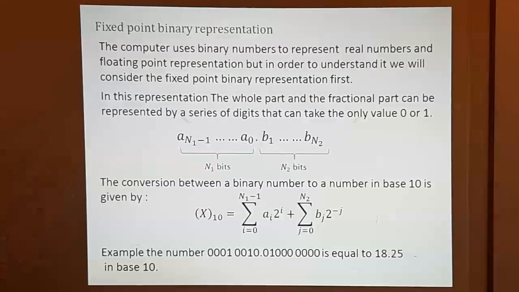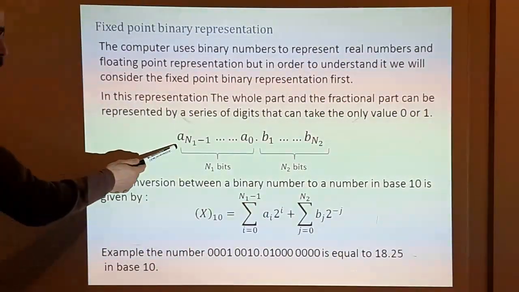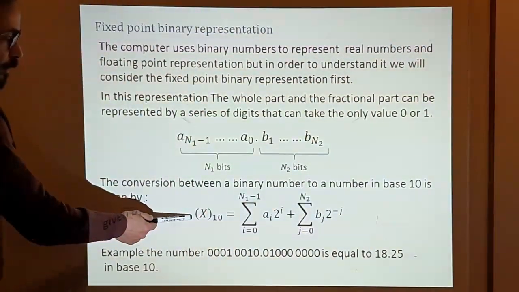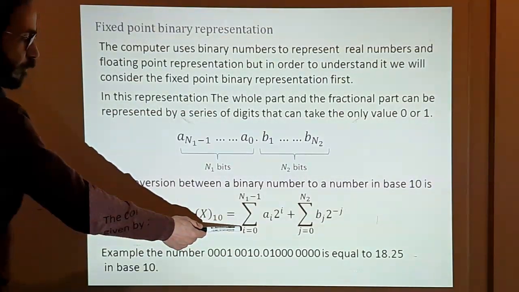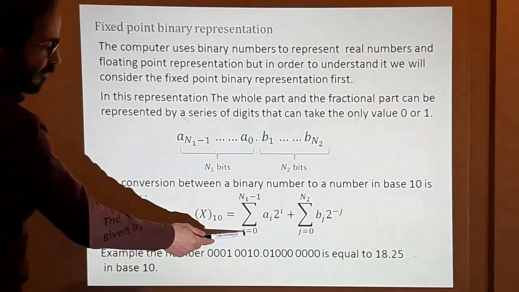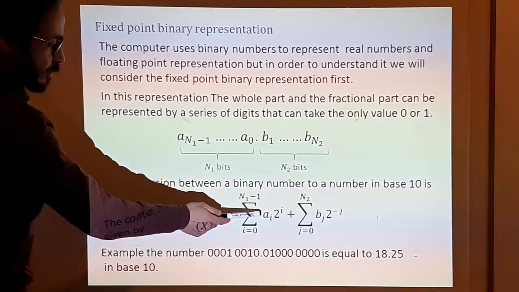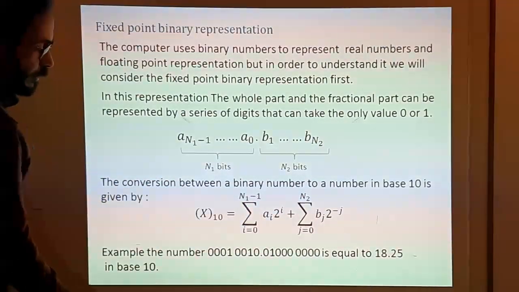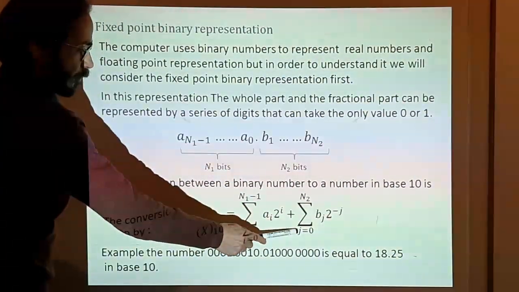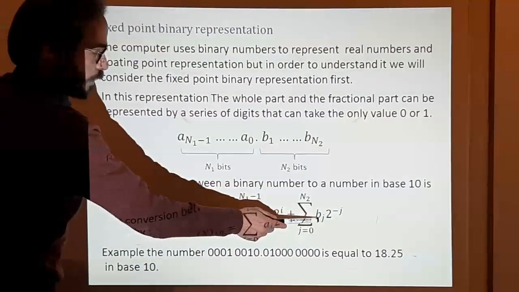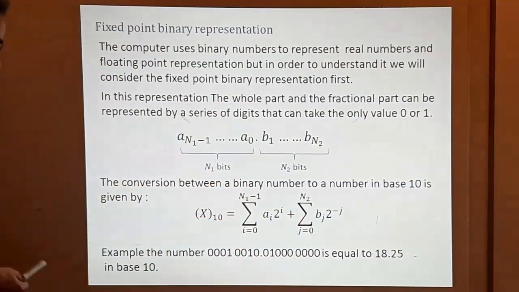Now if you want to convert this binary number into a base 10 number, we just have to apply this formula: the sum from i equals 0 till n1 minus 1 of ai 2 power i, plus the sum from j equals 1 till n2 of bj 2 power minus j.